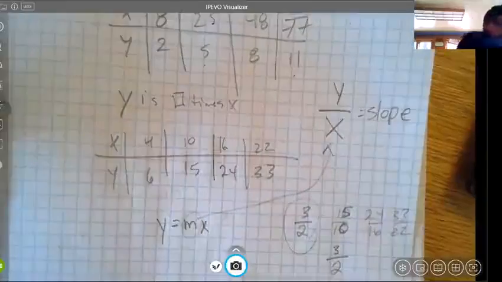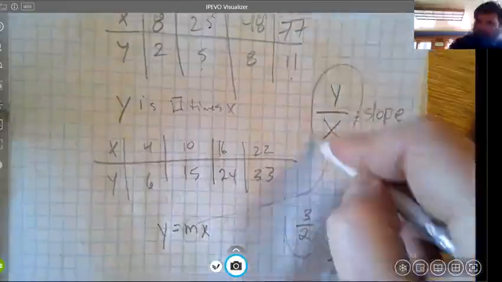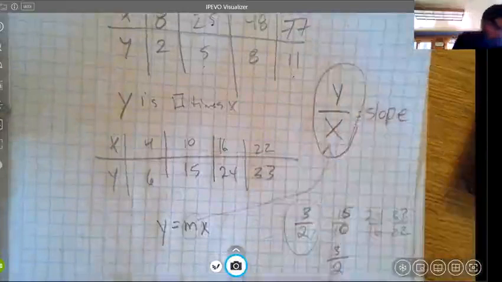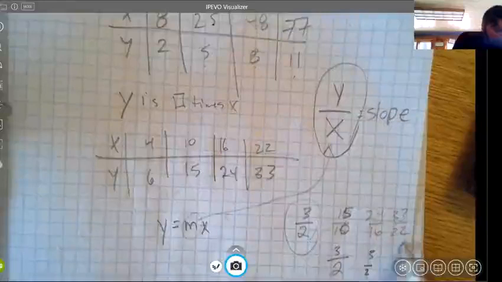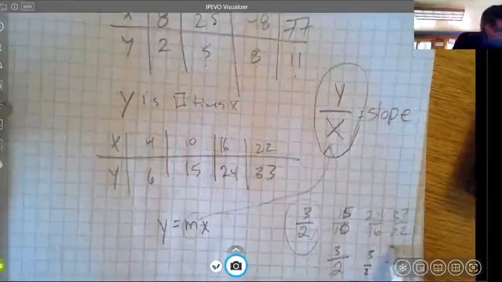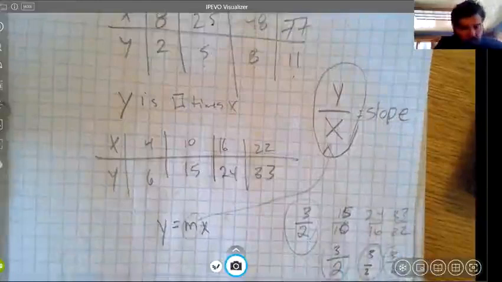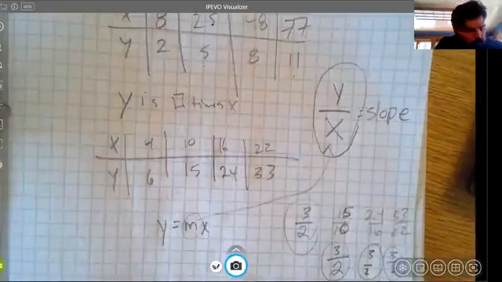Okay, so make sure you have that y over x. We're going to see here as we divide them both by 8, and this by 11, we're going to end up with 3/2 every time. Okay? Okay. So then we know that it is proportional.